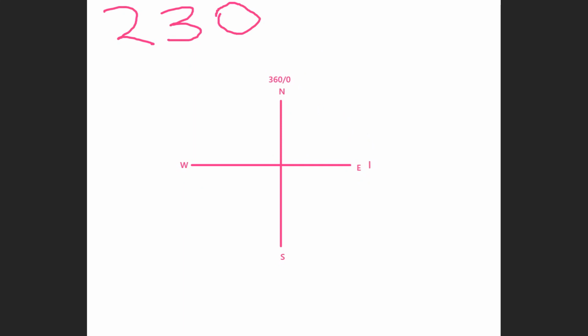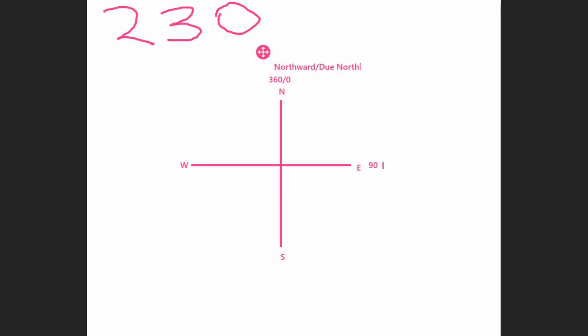Right here at the east, it is 90 degrees. And we usually call this top here northward, or we can call it due north, because this is directly north. That's the meaning of northward or due north.